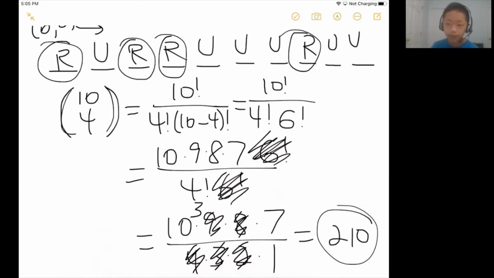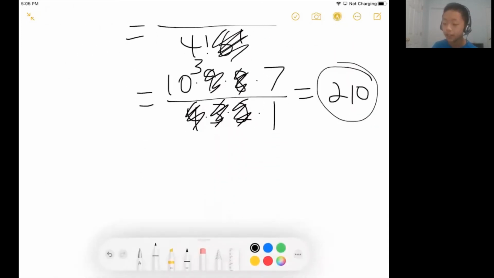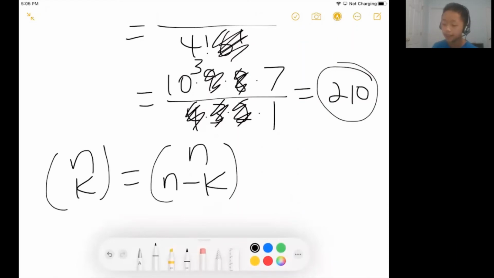In this case, we chose which positions to put the R's in, so we did 10 choose 4. Alternatively, you could have done 10 choose 6, choosing which of the positions to put the U's in. That's because of a very famous combinatorial identity: n choose k is equal to n choose n minus k. Just a side note.